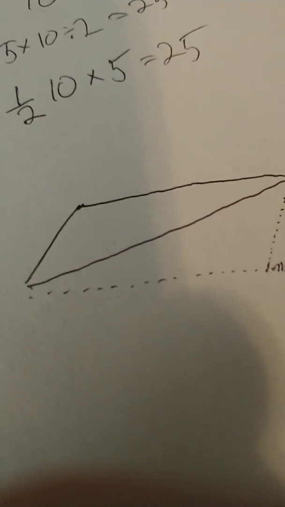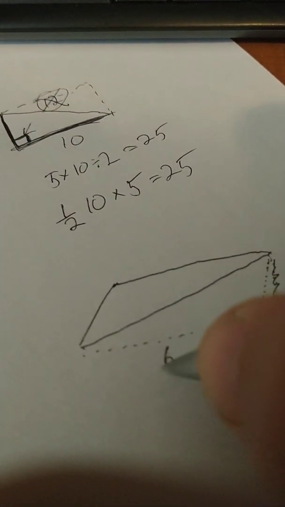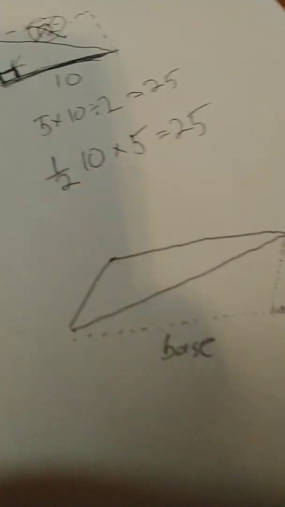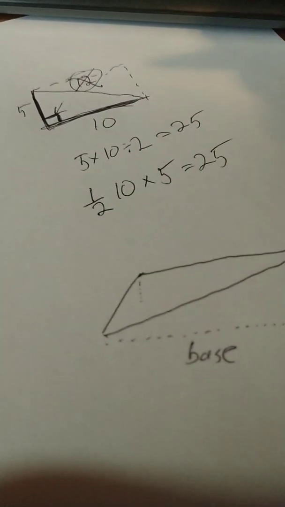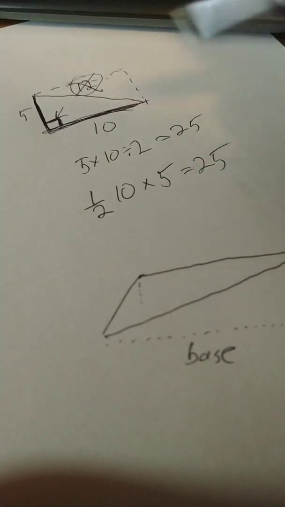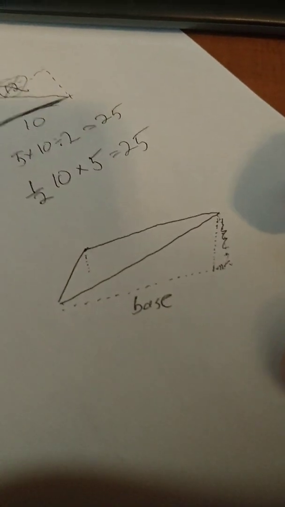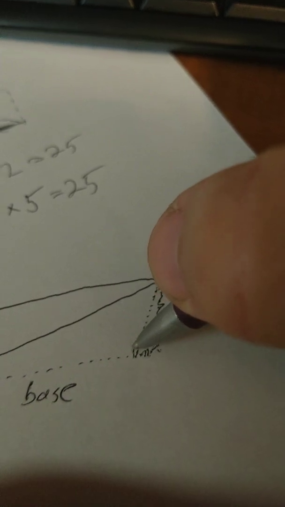Well, this is going to be tomorrow's lesson. If you take, let's call this my base right here. And so my height is going to be sticking straight up out of that, right? Wait a minute, what the heck am I doing? Sorry, I'm going to put my height right over here.